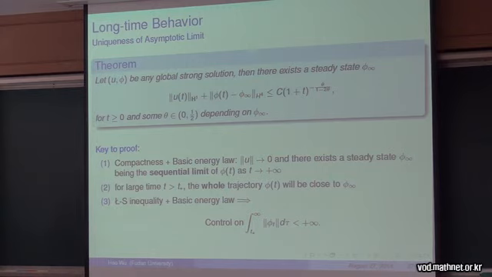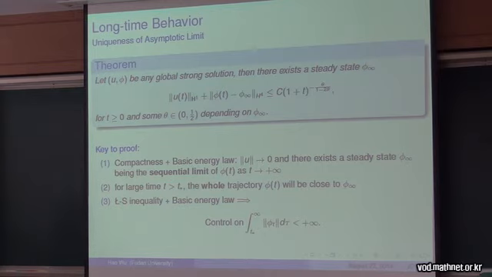The proof consists of 3 steps. First, due to compactness and the basic energy law, we have the convergence of the velocity. And due to compactness, we can say that for a subsequence of time, we have the convergence.